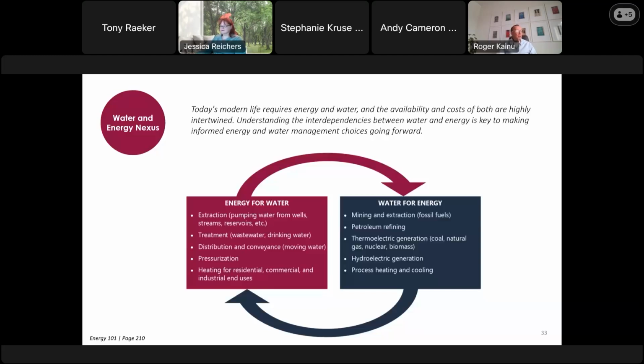Water plays a central role in producing energy, and energy is also needed to provide water, including to treat wastewater, pump water from wells, irrigate fields, and heat water at home, work, and for other industrial uses. Water is also needed to mine petroleum and minerals during the construction of energy infrastructure and to cool computer servers at data centers.